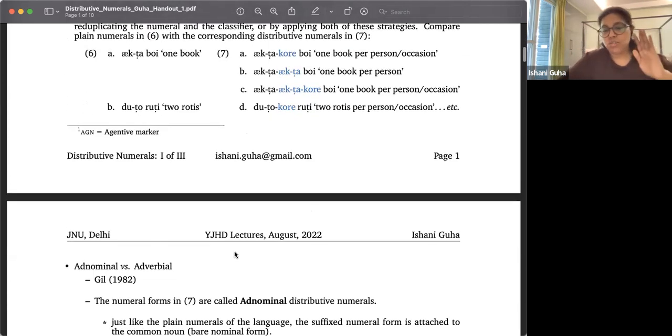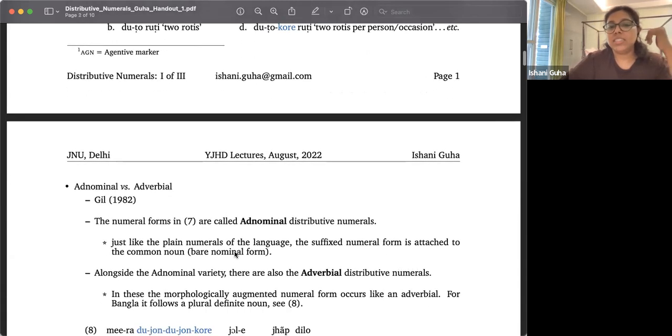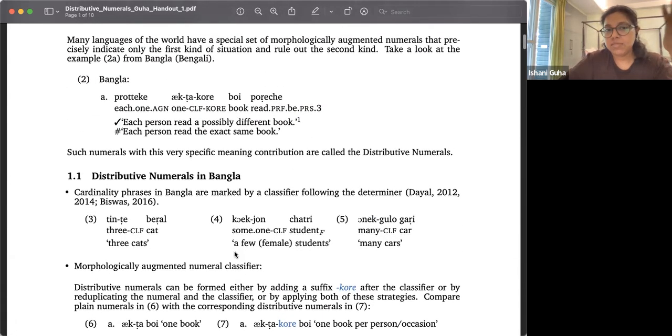Okay, what is the distinction? The distinction is that for the adnominal variety, it will be an indefinite noun phrase, right? So the total noun phrase will be just like a numeral indefinite. So একটা বই, one book, and একটা করে বই will be similar kinds of numeral indefinites.